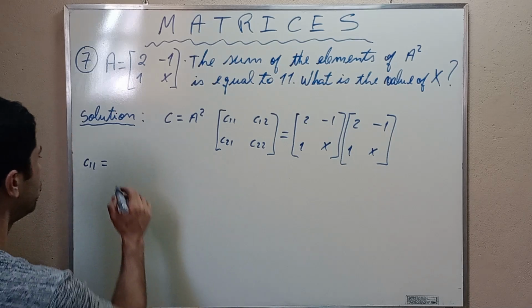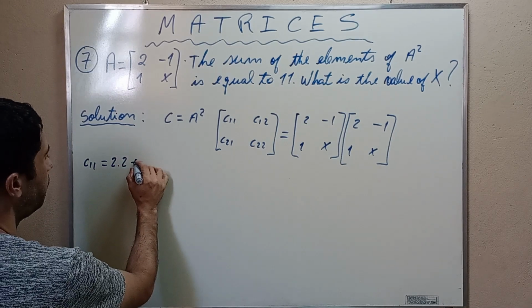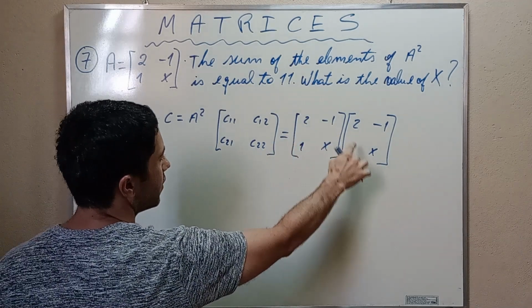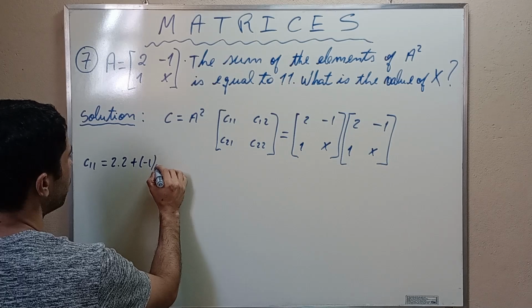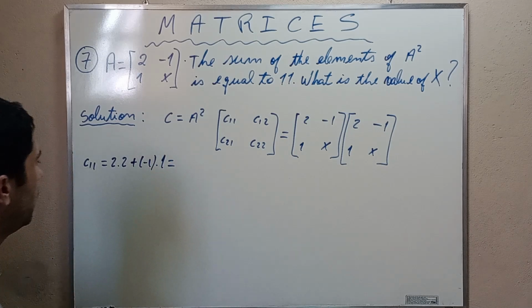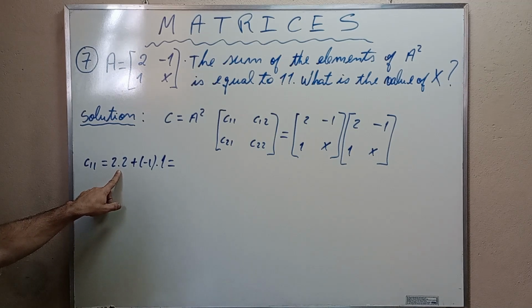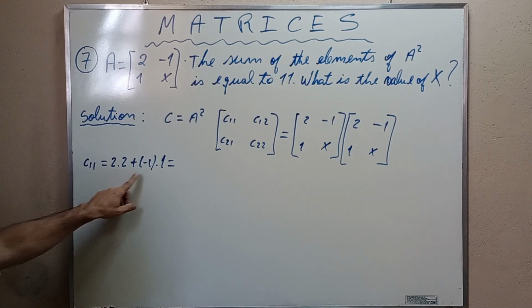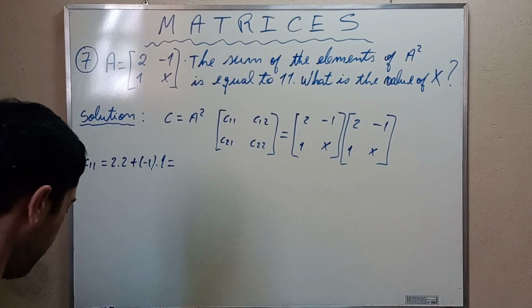Thus, it is equal to 2 times 2 plus negative 1 times 1. And this is equal to 2 times 2 is 4. This is negative 1. 4 minus 1 is 3.